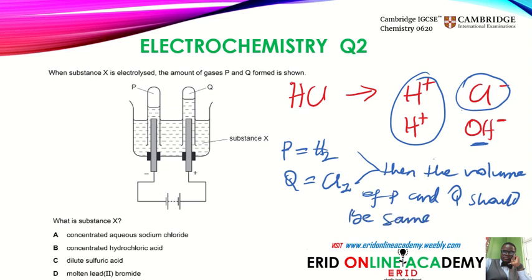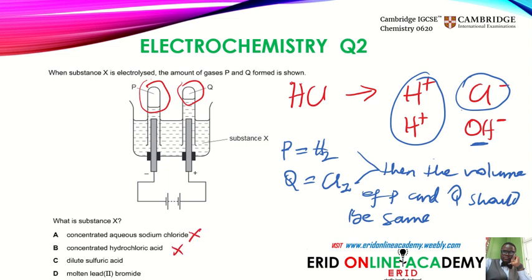But in this case, unfortunately, that is not what we see. P is more than what? Q. So definitely Q couldn't have been chloride. So A is wrong and B is wrong.